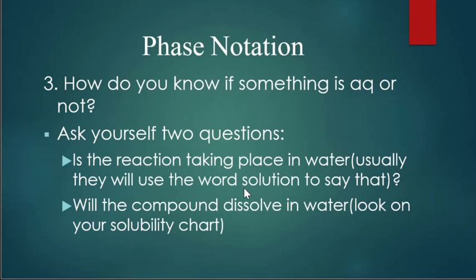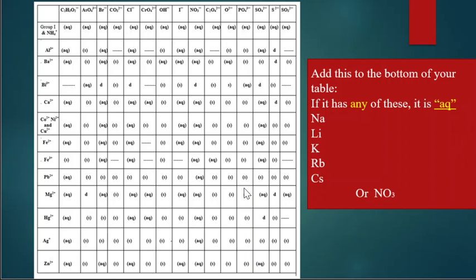Because now when I tell you every day, when the warning bell goes off, I say, hey, take out your periodic tables because you'll need them. Okay? From now on, I will be saying, hey, take out your periodic tables and your solubility charts because you will need them. How does a solubility chart work? Well, look on top.